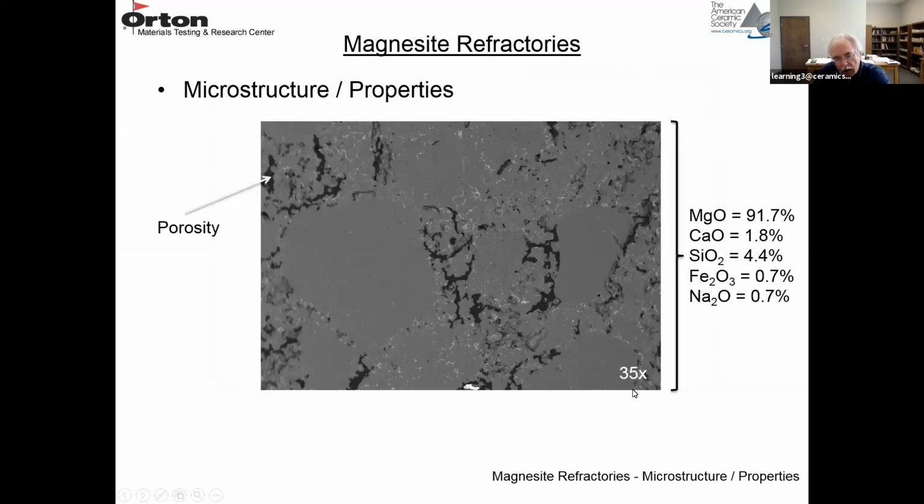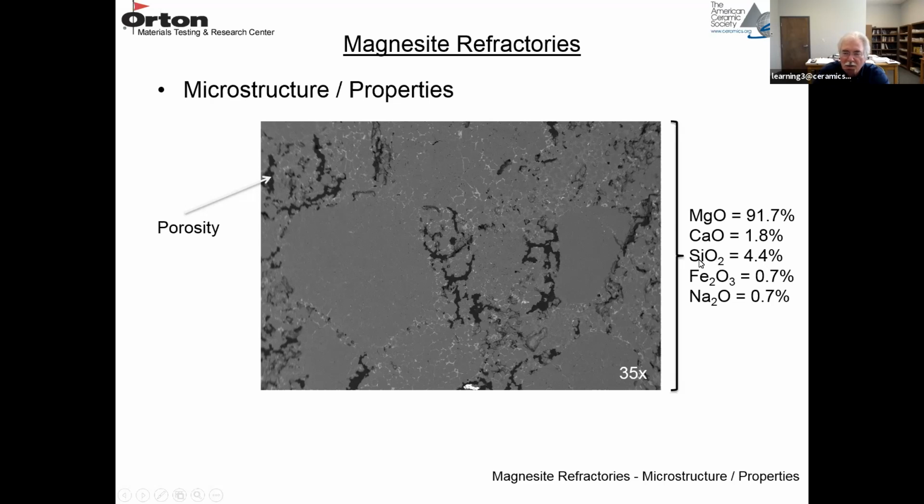Here's a sample that we've looked at in our lab. This is 35x magnification. This is an MgO that has about 92% MgO, almost 2% lime, and a little more than 4% silica, and an iron and an alkali impurity. Notice that the lime to silica ratio is not greater than 1.86.